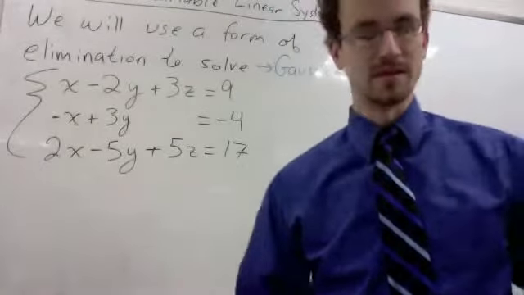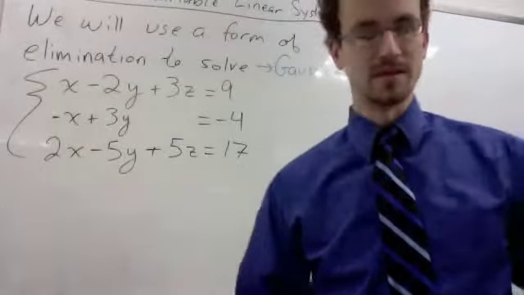Now in order to simplify what I have to write down here, I'm going to call this the first equation, equation 1, the second equation, equation 2, and the third equation, equation 3. That notation will just make writing out our solution to this system simpler.